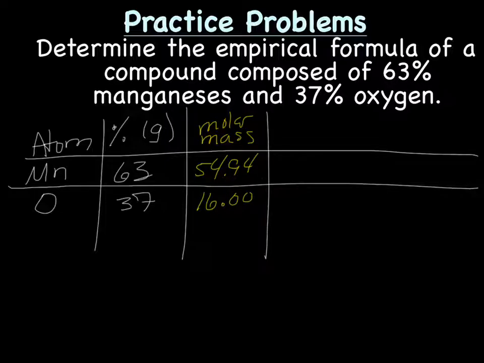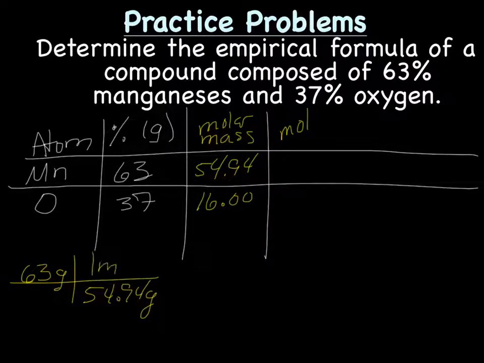And now to determine the number of moles. For manganese, it'll be 50, whoops, nope, that's not right. When we make our grid, we start with what we know, which is 63 grams. And that will be divided by 54.94 grams and 1 mole. And that gives us 1.147.